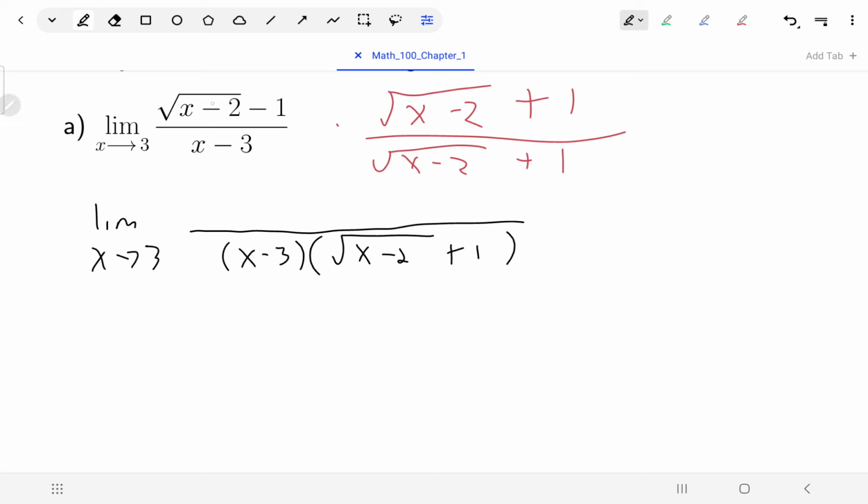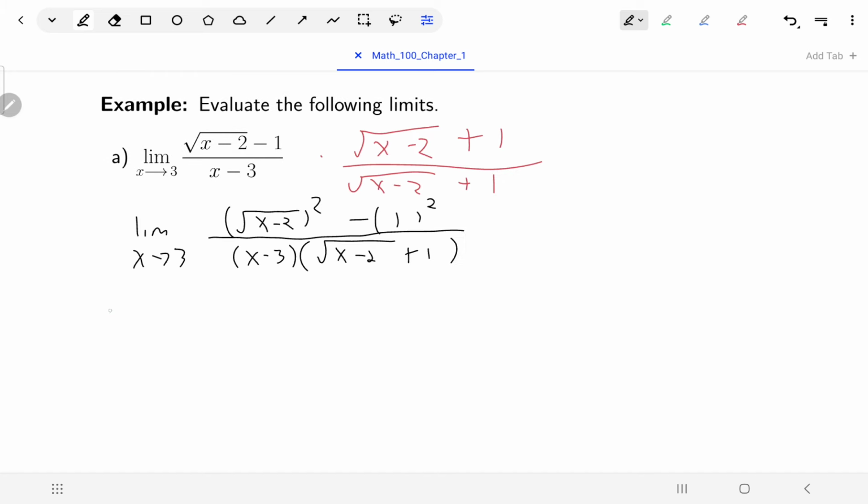I'm going to also just sort of look at the top, and I know that when I've got something multiplied by its conjugate, I should get first thing squared minus the second thing squared. And so what is that going to do for me here? So I'd have x minus 2 minus 1. I'd have x minus 3.